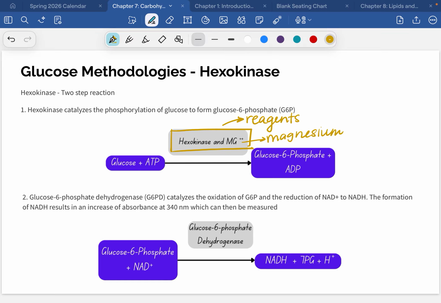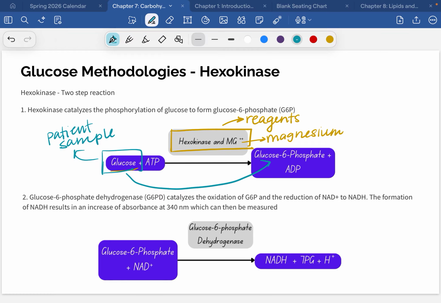So in the presence of magnesium, hexokinase takes this glucose, which is, remember, the patient sample. So when you add hexokinase and magnesium to glucose, it will convert it into glucose 6-phosphate and ADP. So hexokinase catalyzes the phosphorylation of glucose to form glucose 6-phosphate.